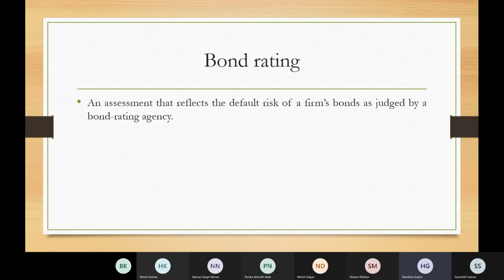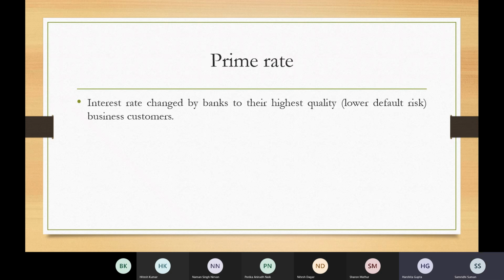It is there to help the customers do business with the bank more. Like supposedly, if I'm dealing with Kotak Bank and I'm a very good, very old customer of theirs, it's possible that on my overdraft facility, they don't charge the interest rate of 6% that they charge everybody. Maybe they are taking 5.5% from me. So that additional 0.5% is the prime rate benefit I'm getting.